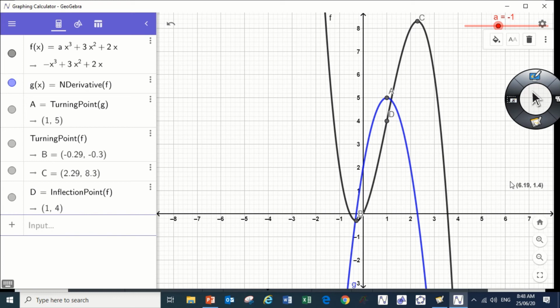So when the first derivative is an increasing function, the cubic graph must be concave what? Up. And when the first derivative is a decreasing function, the cubic graph must be concave down.